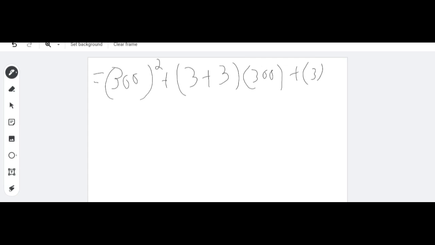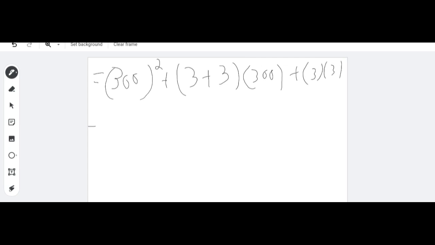Now I will put the values of x and a, b. I will solve these two. That is 300 square, minus 3 square, and then plus into 3 plus 3... then again 300 into, then plus 3 into 3.